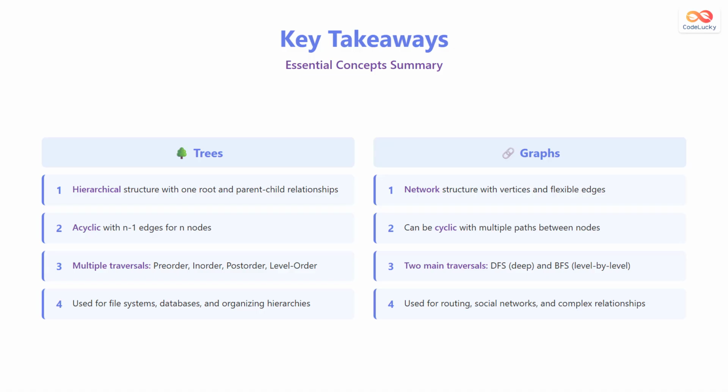Graphs are network structures with vertices and flexible edges that can form cycles with multiple paths between nodes. Graphs support two main traversals: depth-first search for deep exploration and breadth-first search for level-by-level exploration. Graphs are used for GPS navigation, social networks, web links, and circuit networks. Both data structures are fundamental to computer science, and choosing between them depends on your specific data relationships and requirements.